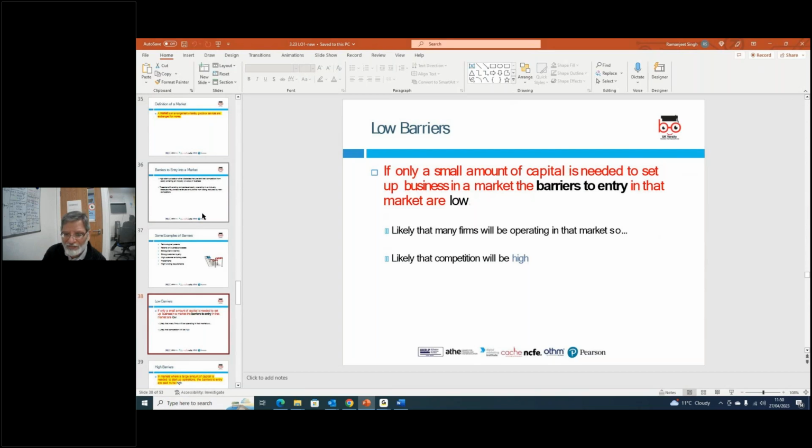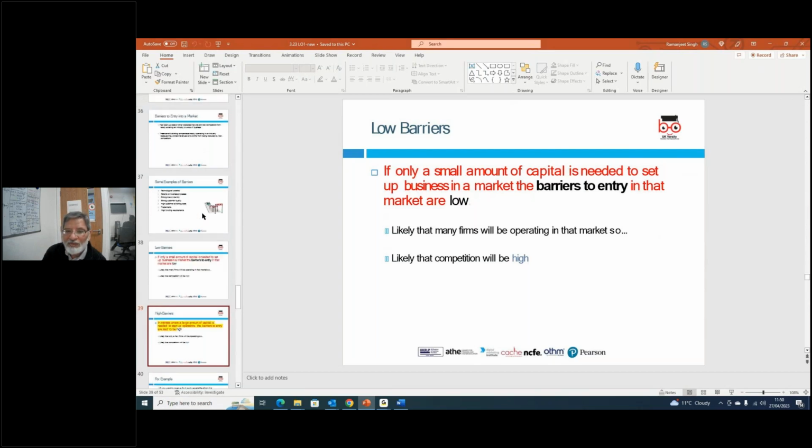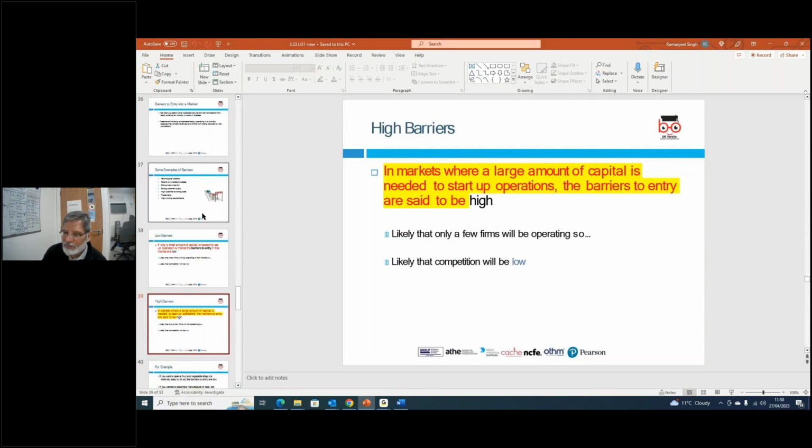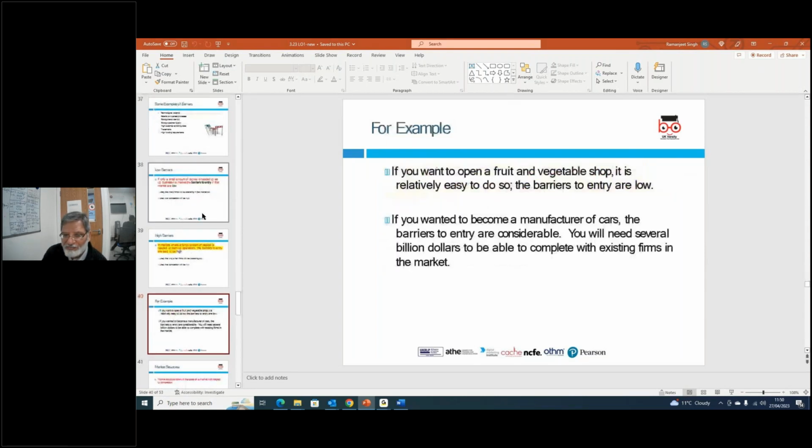So there are low barriers to entry in certain types, and high barriers in bigger organizations. For example, the chemical industry, IT industry, medical, pharmaceuticals, or oil production, right? Lots of barriers to entry.